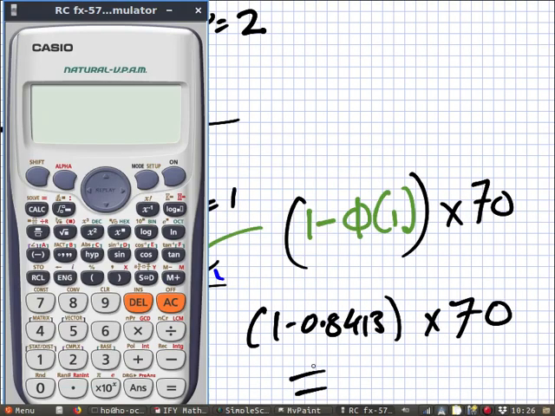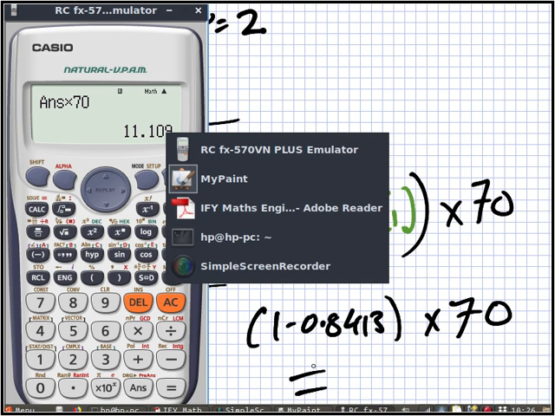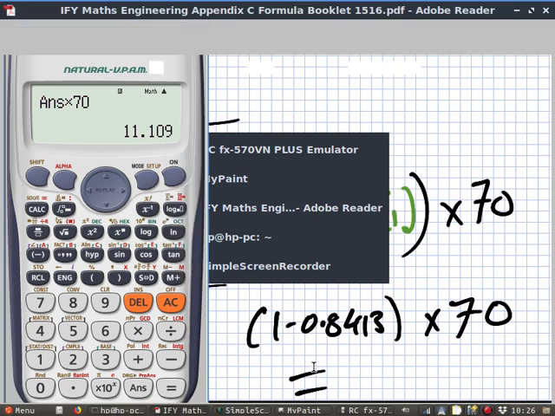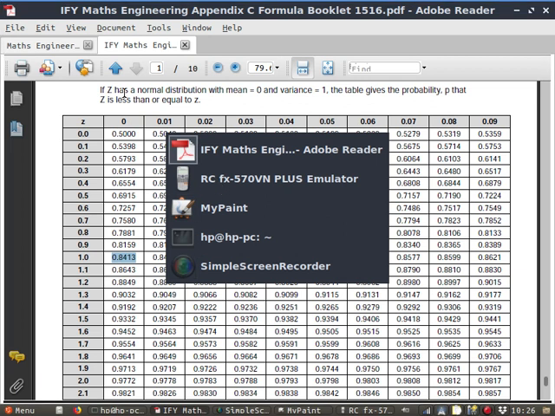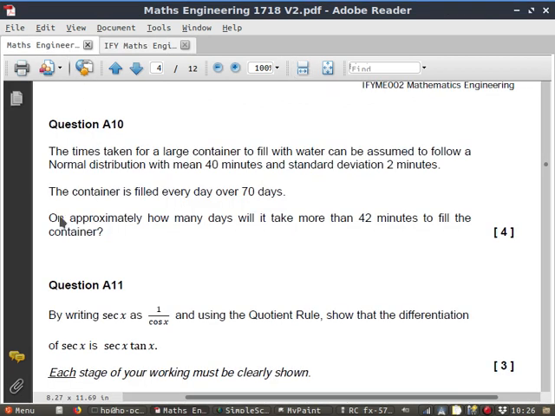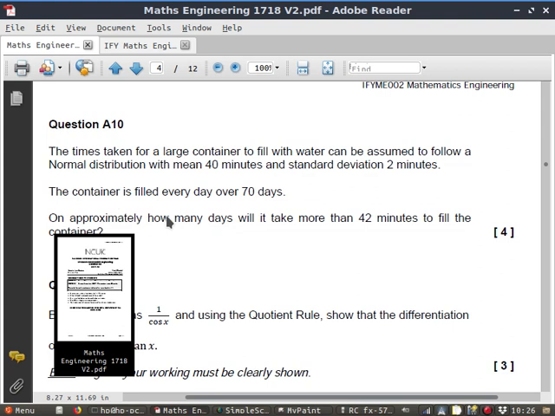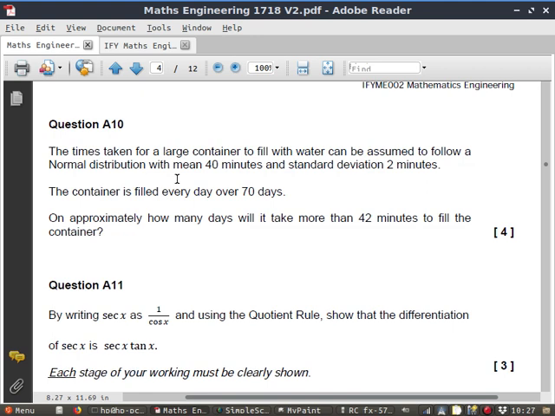Oh, I don't have my calculator here. Now, what do we do? Do we say it's 11? 11.1? Let's read the question very carefully and decide. On approximately how many days will it take more than 42 minutes to fill the container? It seems like perhaps we should say 11, but that's not super clear to me.